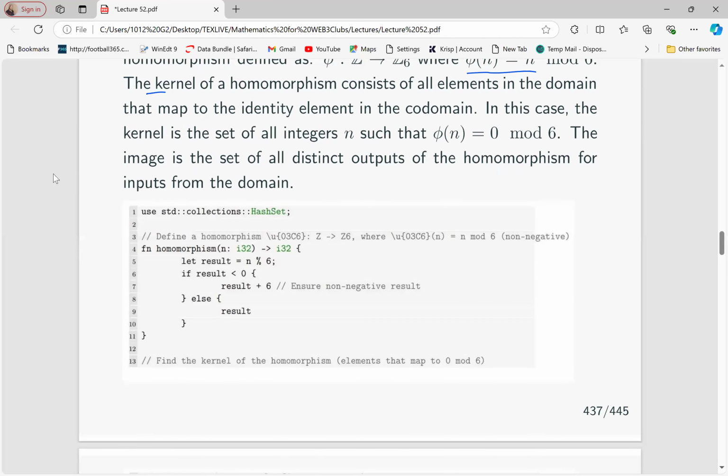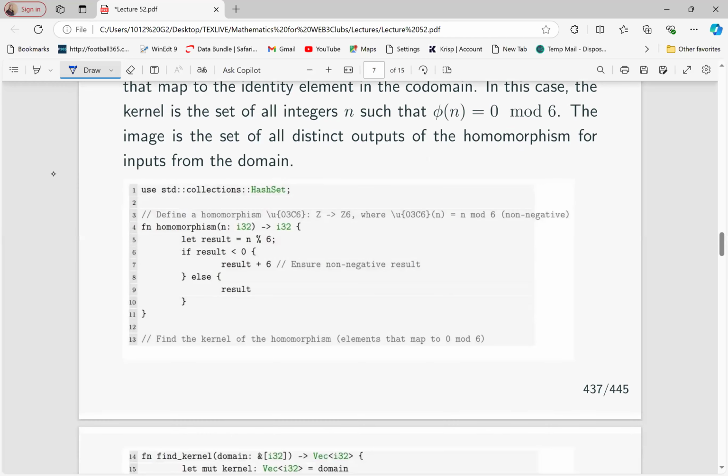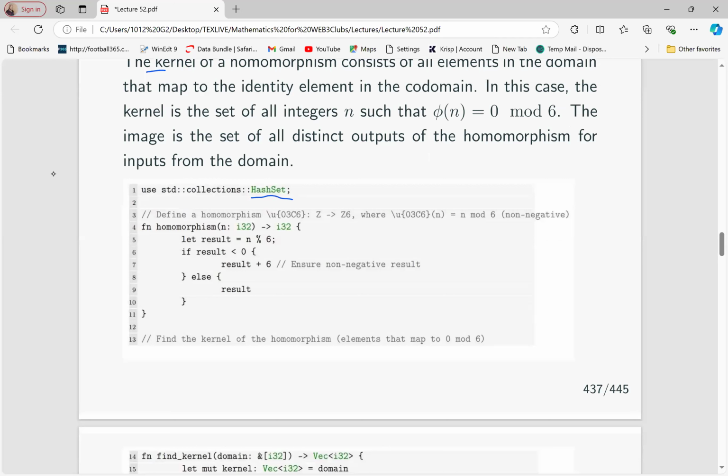Now, this is our code. Last time I explained the importance of hash set. A hash set is just to ensure that we do not repeat. It helps us avoid repetition, so that after you've collected your elements, if any element comes in that is similar to one already collected, it will not be collected, because we'll be collecting elements.